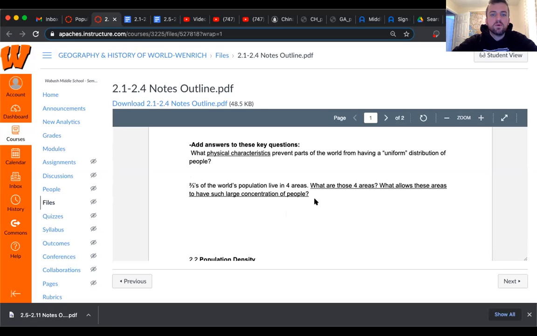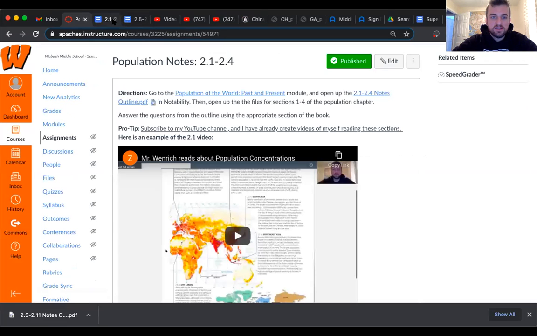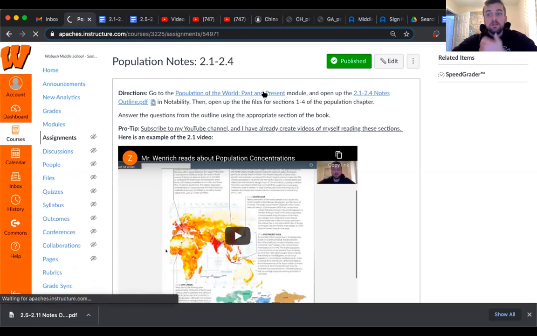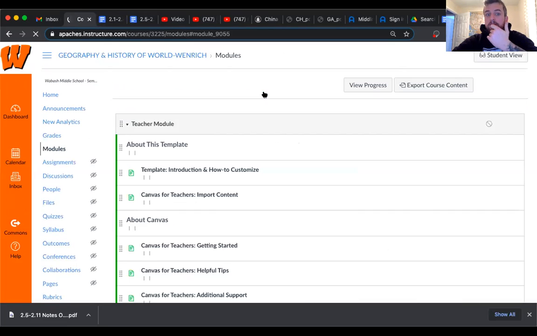And 2/3 of the world's population live in 4 areas. What are those 4 areas, and what allows these areas to have such large concentrations of people? What you don't want to do is Google that, because one, it's lazy. Don't be lazy. And two, the notes here are pretty basic.